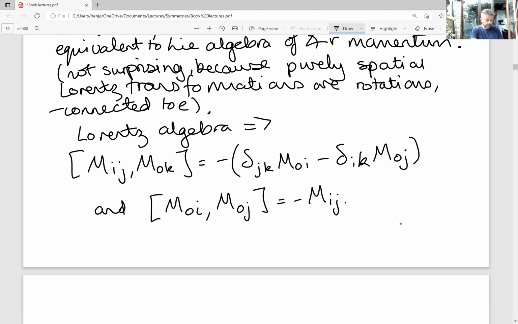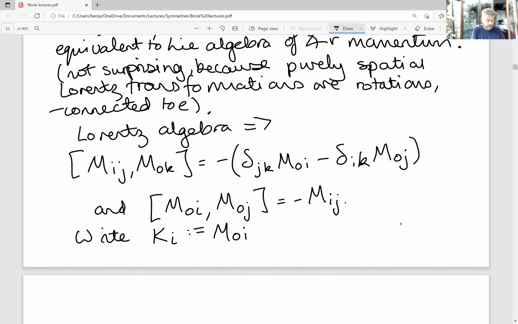Okay, so I'm going to introduce some new notation, actually two sets of new notation, unfortunately. But to start with, I want to introduce something that generates boosts. And it's going to be this 0th component of M. So we write K_i is M_0i.